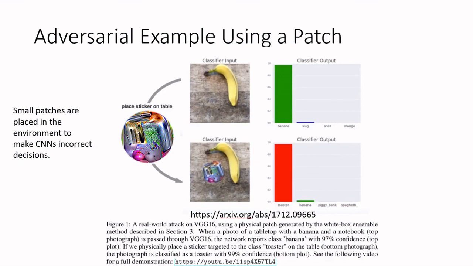So in this case, the patch was designed so that the convolutional neural network will come back with an answer of a toaster, which of course is a wrong answer when the actual object is a banana, but it comes back with toaster if the patch is also present next to the banana.